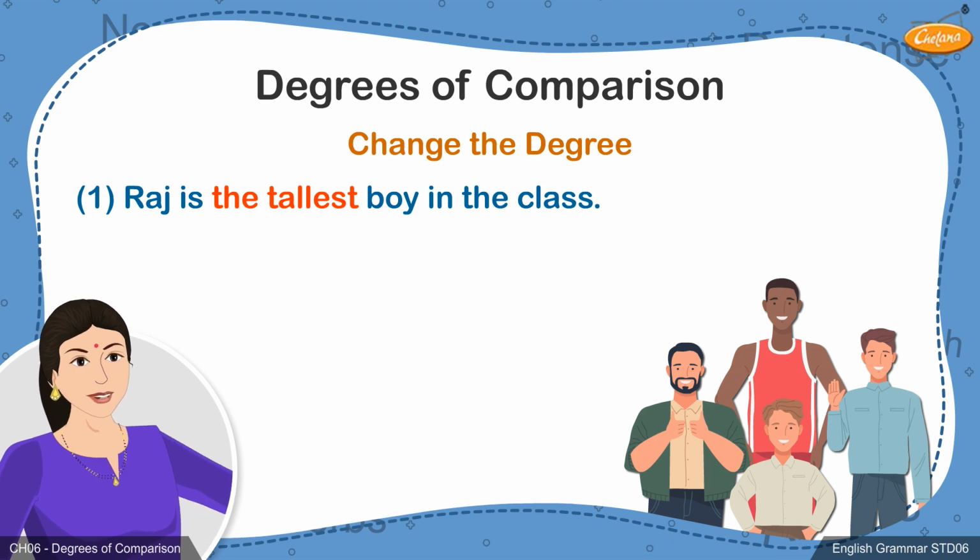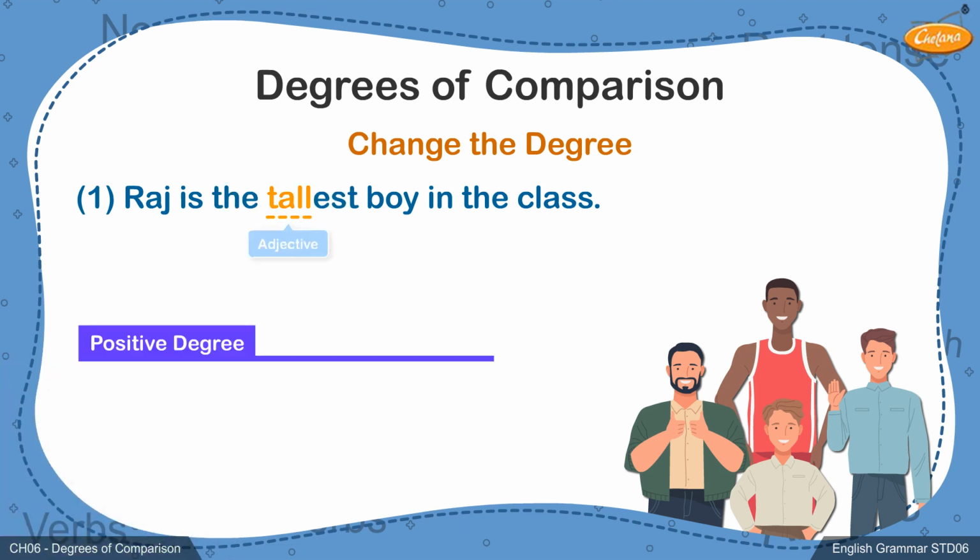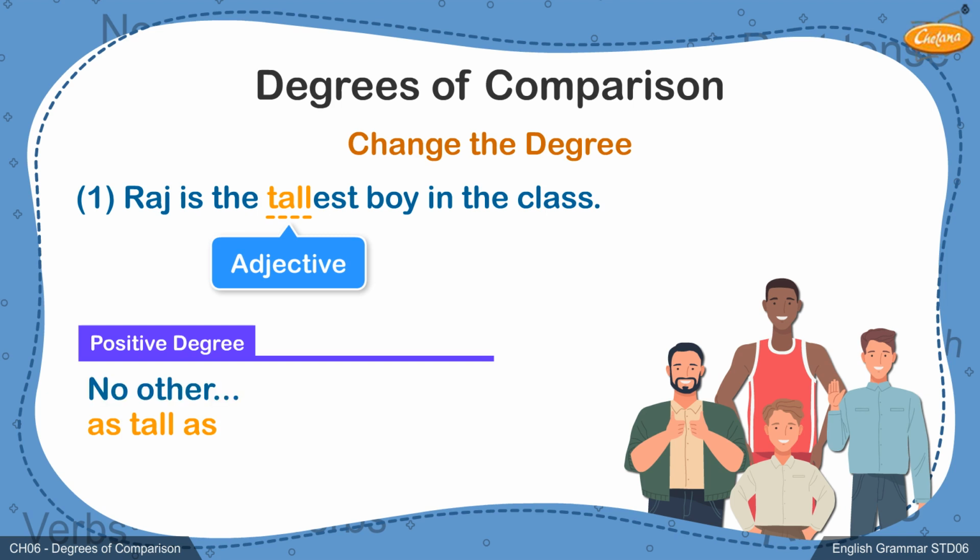We can therefore rewrite this sentence in positive and comparative degree. In positive degree, the adjective tall should be written as tall as. We start the positive degree with the words no other. The same sentence in positive degree would be, no other boy in the class is as tall as Raj.